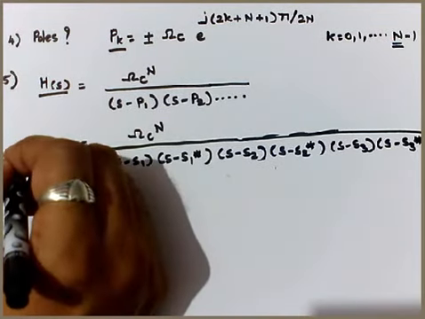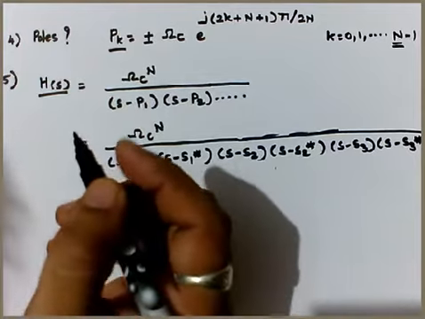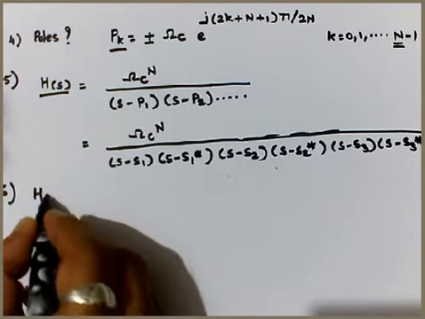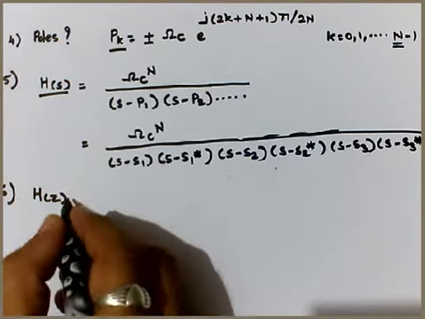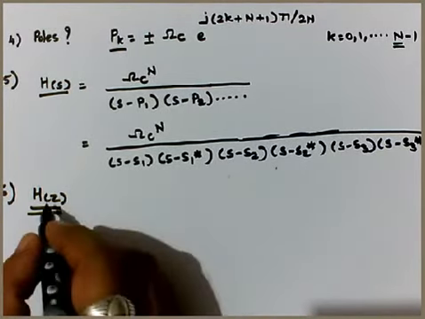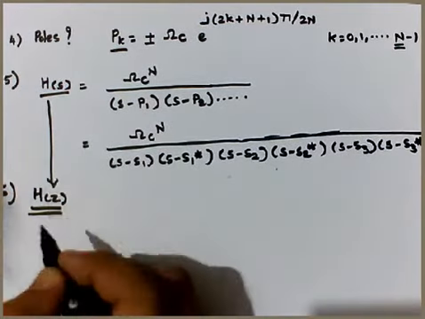Now once we have H of s, it is obvious that we can convert it into H of z, which is what we require, that is our digital filter. How to convert this H of s into H of z?